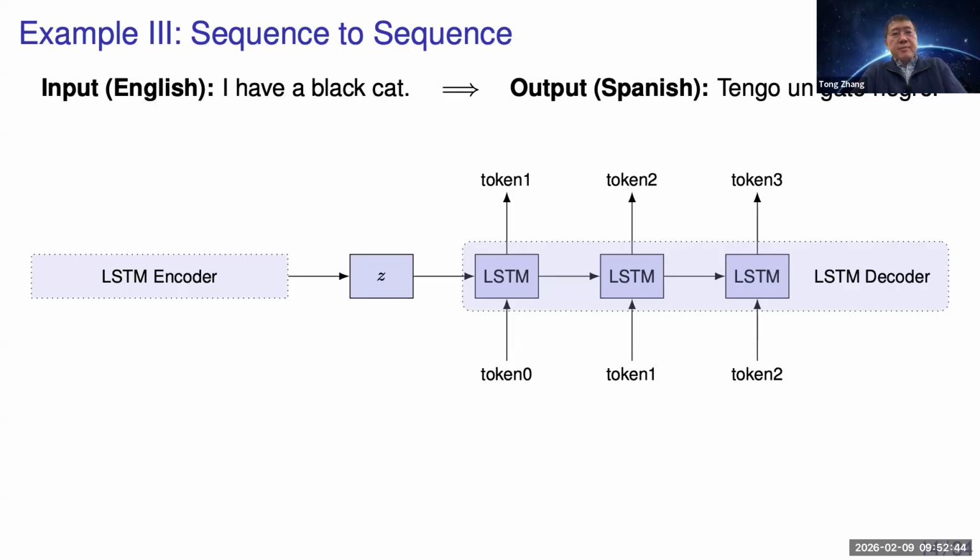So what is that? Usually this Z will be just the LSTM states. It could be other things, but for now, let's say just LSTM states. In the encoder, the hidden states always get propagated.